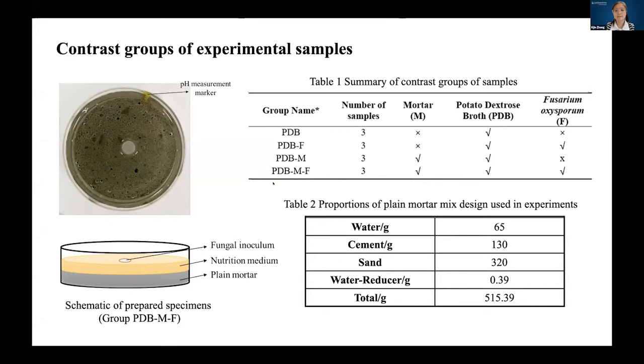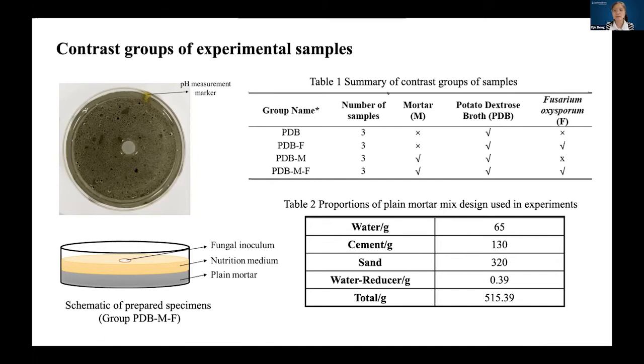As for the last group, as an example, we put the plain mortar at the bottom of the Petri dish, then put the nutrition medium, the PDB, on top of the mortar, and then inoculate fungi at the center of the Petri dish. The mixture design of the plain mortar is shown here.